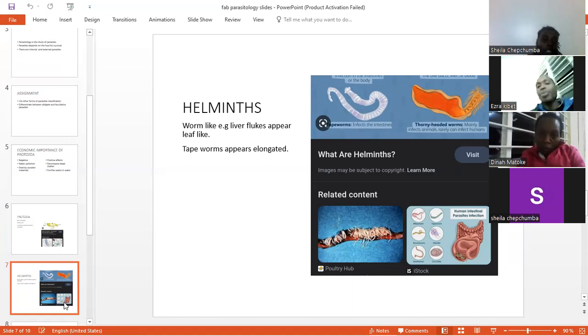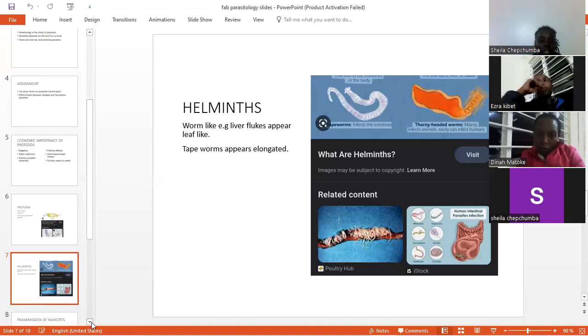They cause reduction in production and also cause diseases. So look at the structure that I've shared on the screen for you to be able to identify the difference. Okay?